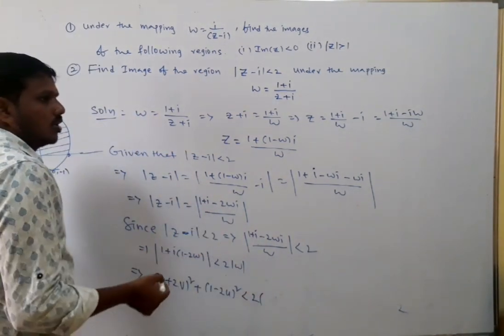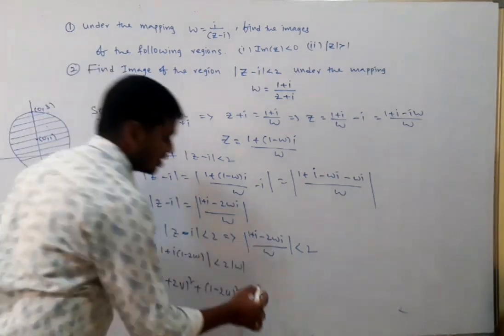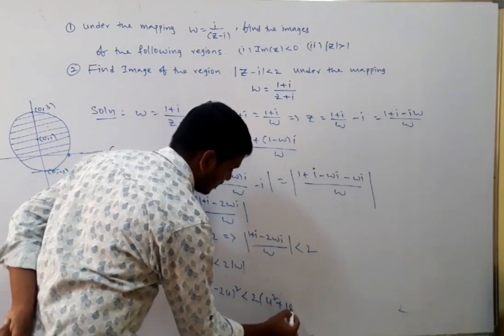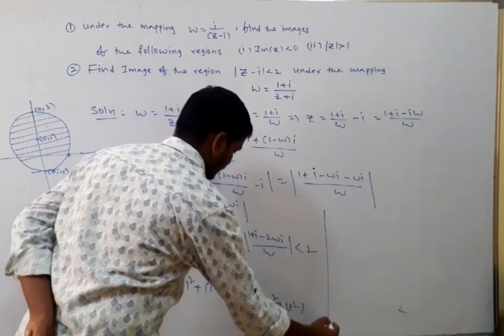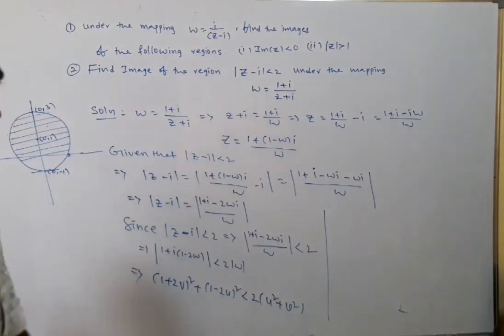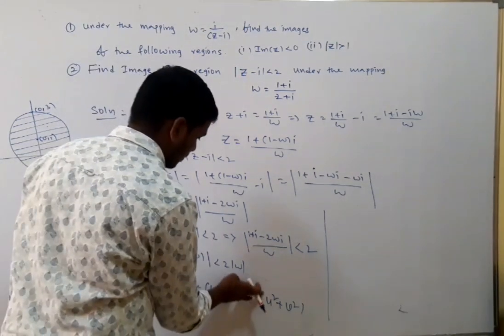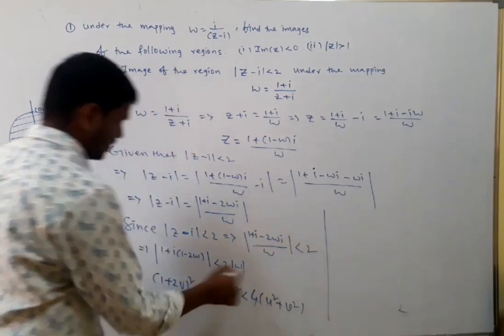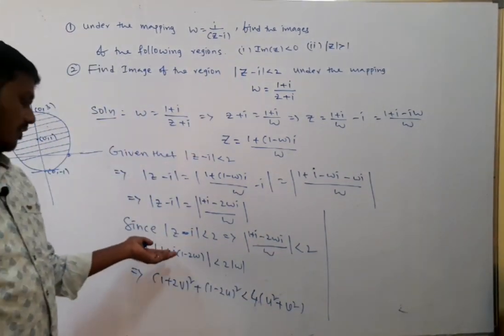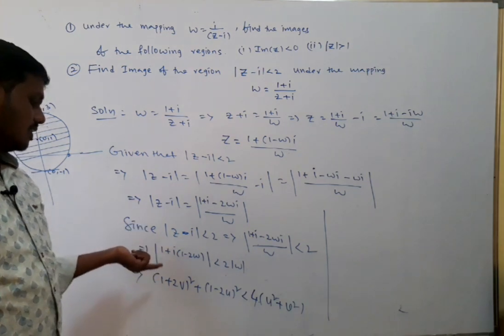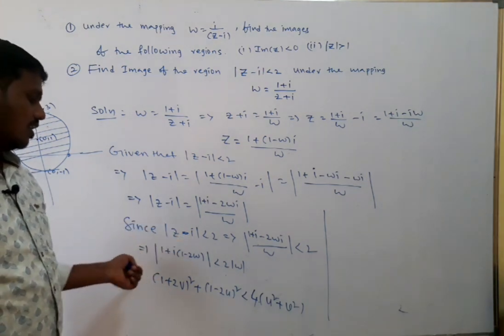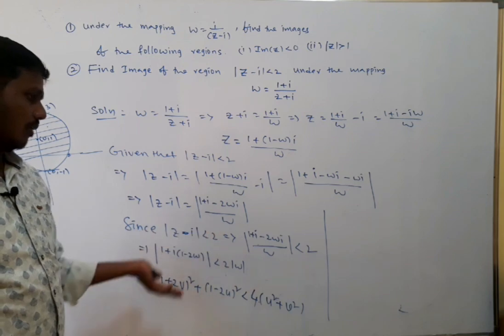Mod w is nothing but (u minus 0) whole square plus (v minus 0) whole square, which is u square plus v square. So it becomes, on simplification, (2v) whole square, that is 4v square. Squaring on both sides, the square root gets cancelled. When we are removing the modulus, squaring on both sides, the square root can be removed.